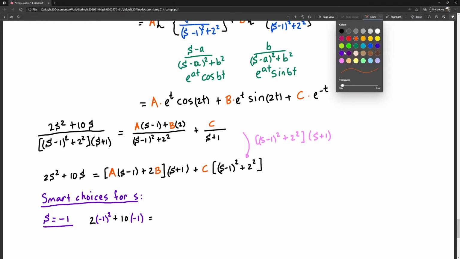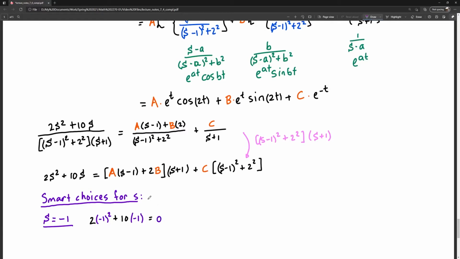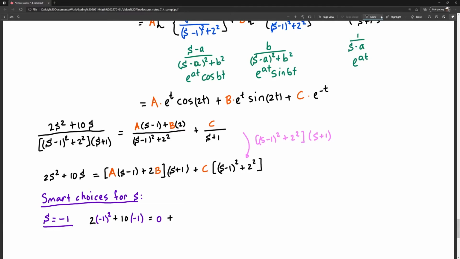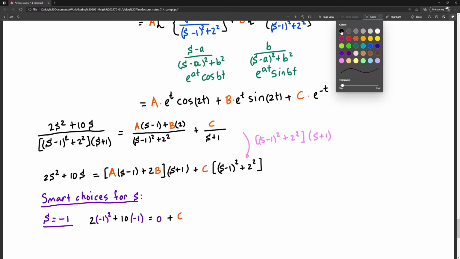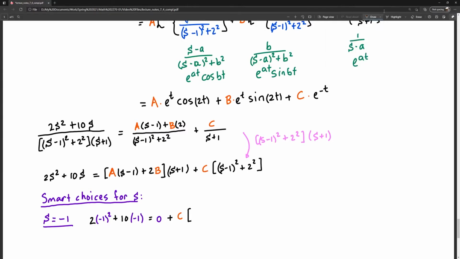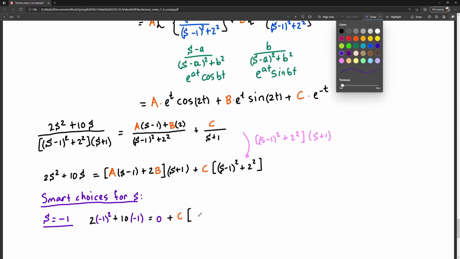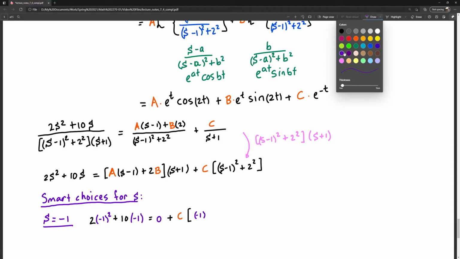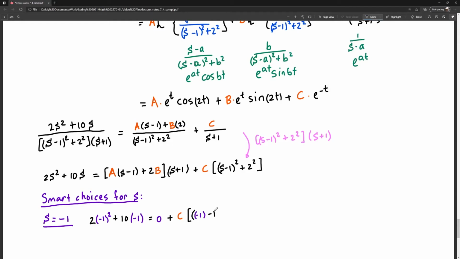So our first part here is 0. And then we have to add to that c times, and then we plug in -1 and then -1 squared plus 4.